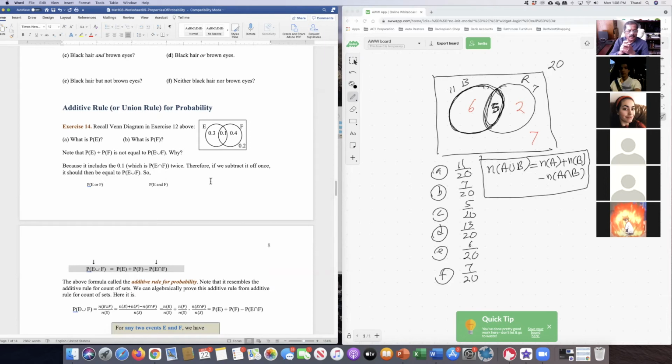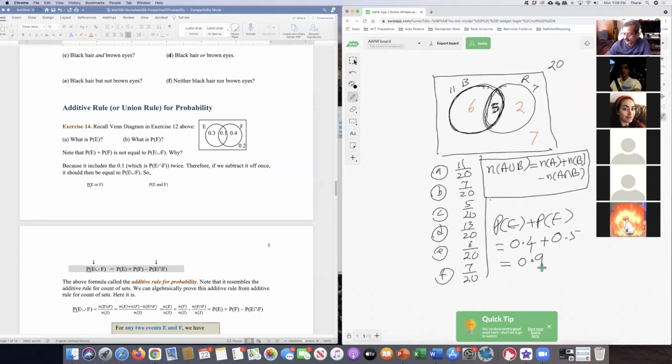But if you add probability of E and F, I'm writing on the board, the probability of E is 0.4, and probability of F is 0.5. Probability of F is everything in F, that's 0.5, and those numbers add up to 0.9.